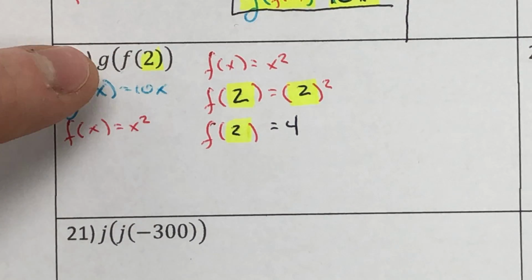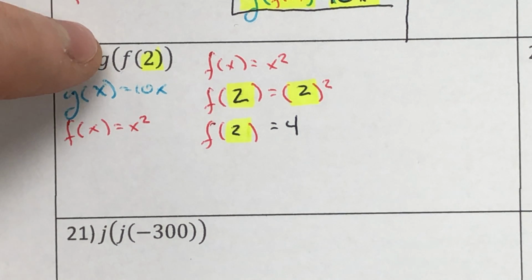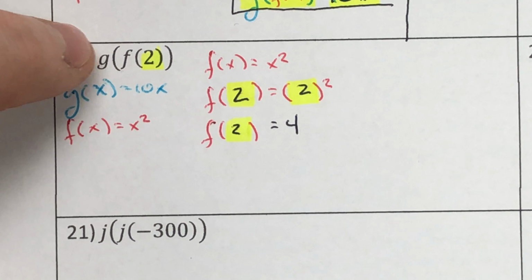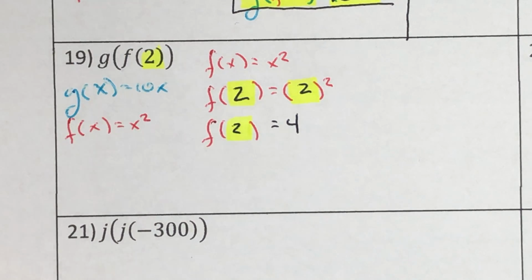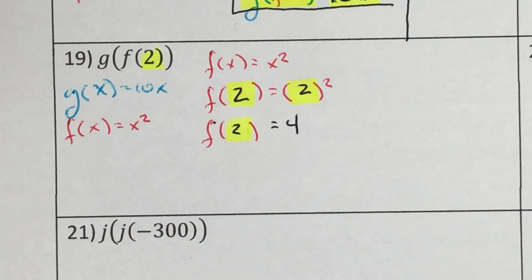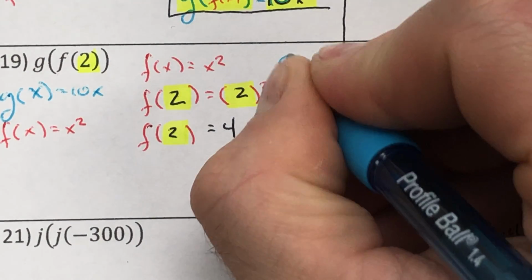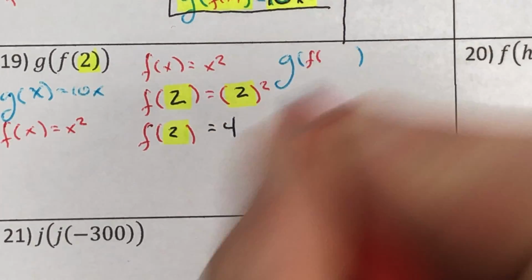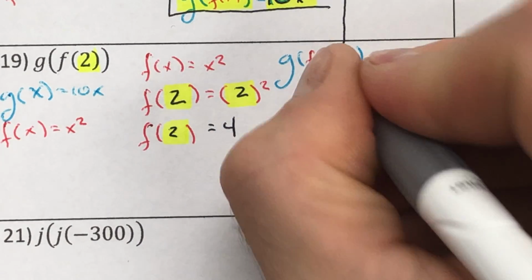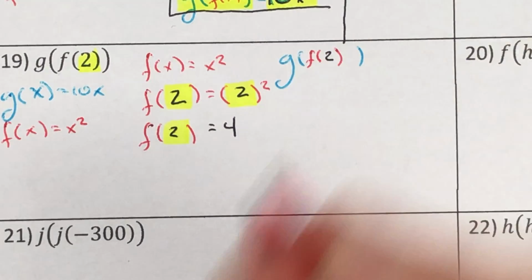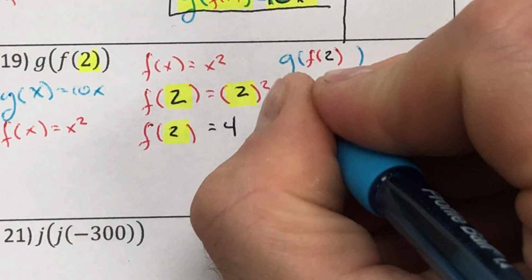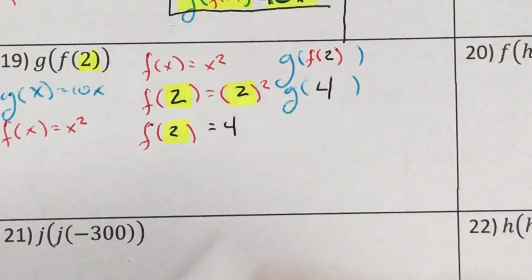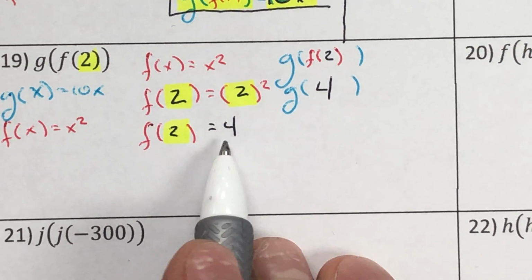So then I'm going to work my way out again. I know I'm taking g and plugging that value into it. F of 2 we know is equivalent to 4. So when I say g of f of 2, let's write this out. I know that's really g of 4, because I'm taking my answer right here and plugging it in.